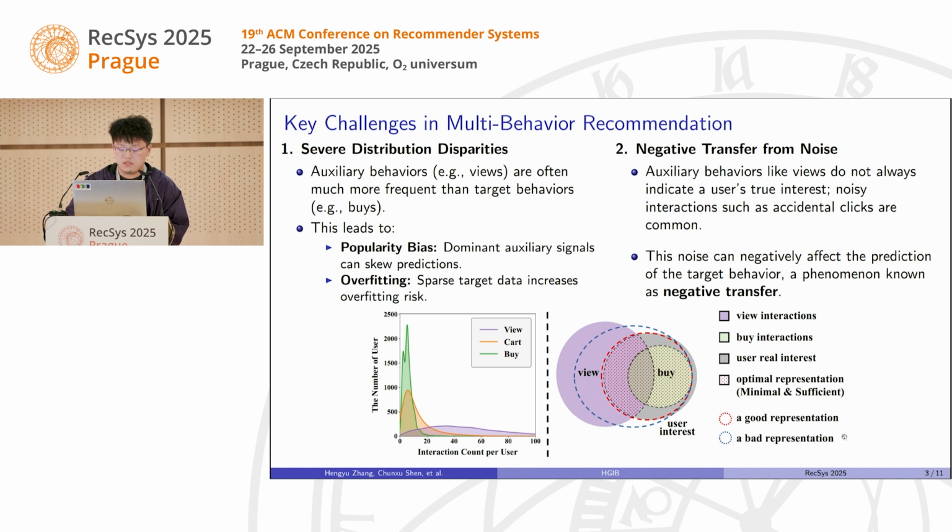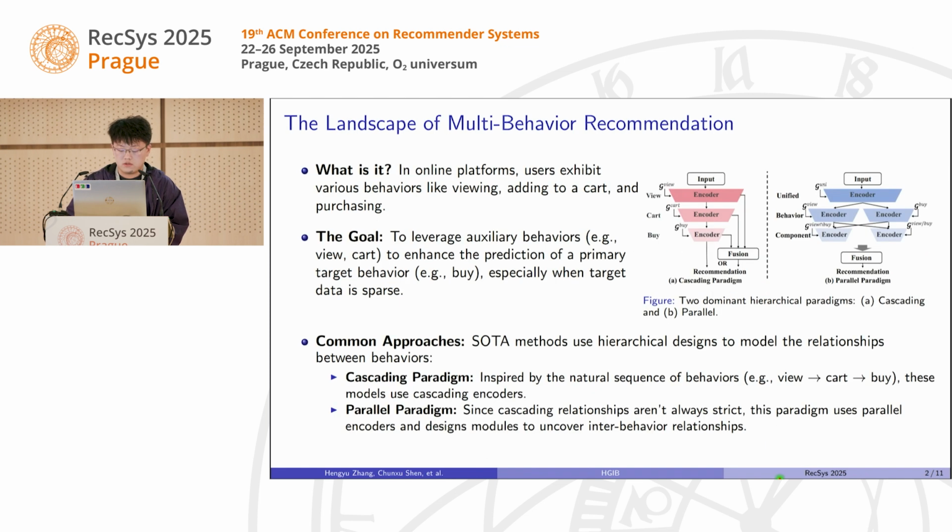As you can see on the right, the SOTA approach typically adopts a hierarchical design, which can be divided into two main approaches. The first, the cascading approach, which models the natural cascading sequence of the behavior.